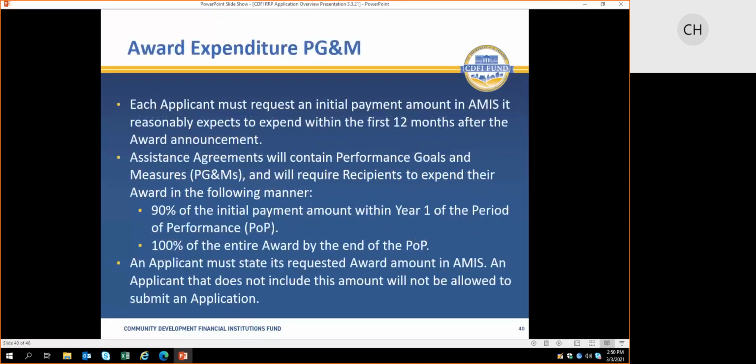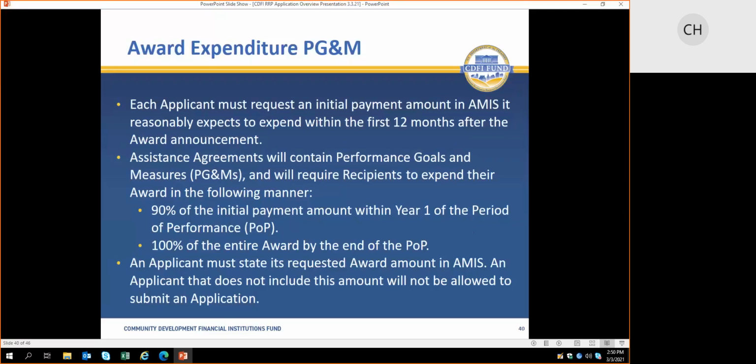So let's talk about your PG&Ms that you'll be held to if you receive an RRP award. Each organization must request an initial payment amount in AMIS that it reasonably expects to expend within the first 12 months after the award announcement. That will make up a portion of one of your performance goals and measures.